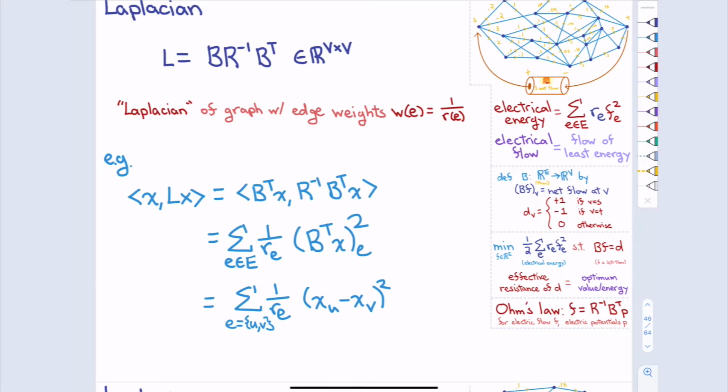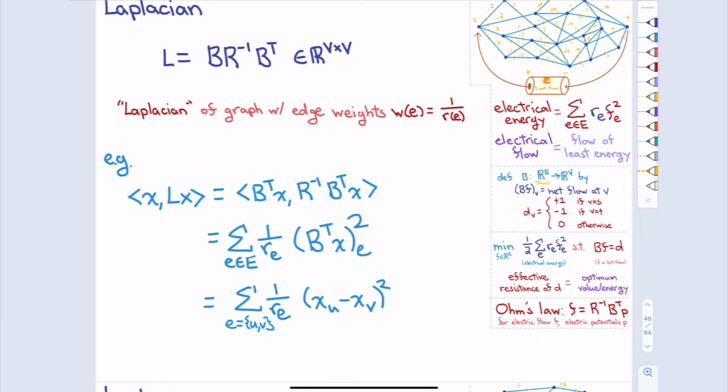Okay. So for each edge E, what B transpose x is going to do is it's going to give you x_u minus x_v, where UV is that edge. Okay. So B transpose x, squared, is giving you x_u minus x_v squared. Okay. So this is measuring some kind of potential. Okay. So what's it kind of doing?